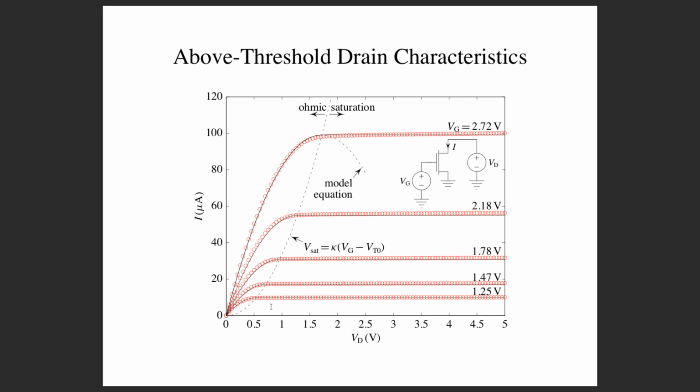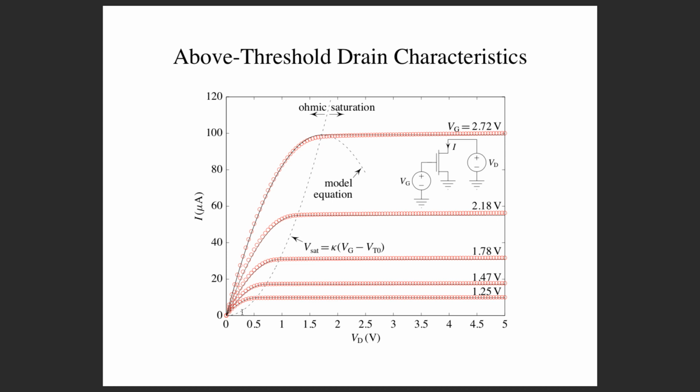Unlike in weak inversion, where the saturation voltage, the boundary between the ohmic and saturation regions, is constant at about 0.1 volts, 4 or 5 thermal voltages, in strong inversion we find that it takes more voltage across the transistor to saturate it the further up in strong inversion you go.